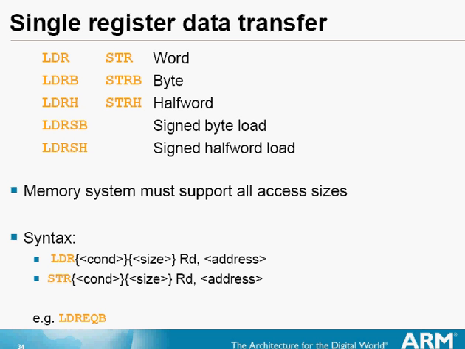LDRH, STRH is a half word. LDRSB is signed byte load. LDRSH is signed half word load. The memory system must support all access sizes. The syntax is LDR, condition, size, RD and address; store, condition, size, RD and address. Just like LDREQB.